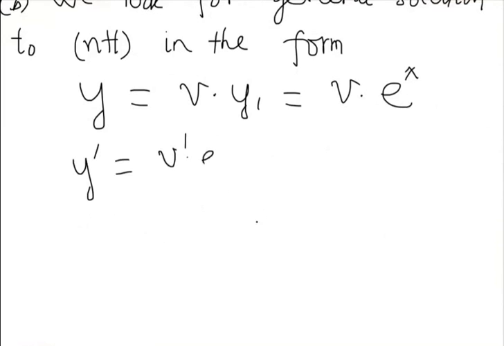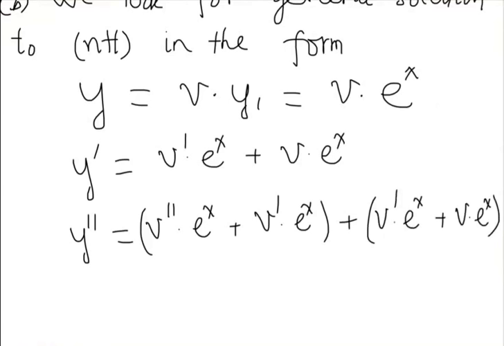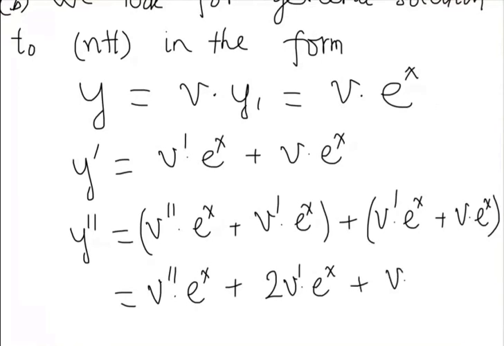We have v prime e to the x plus v times e to the x. Second derivative will be v double prime e to the x plus v prime e to the x. That is for the first product. For the second product, we have v prime e to the x and then v e to the x. And we can simplify to get v double prime e to the x plus 2 v prime e to the x, and lastly v e to the x.